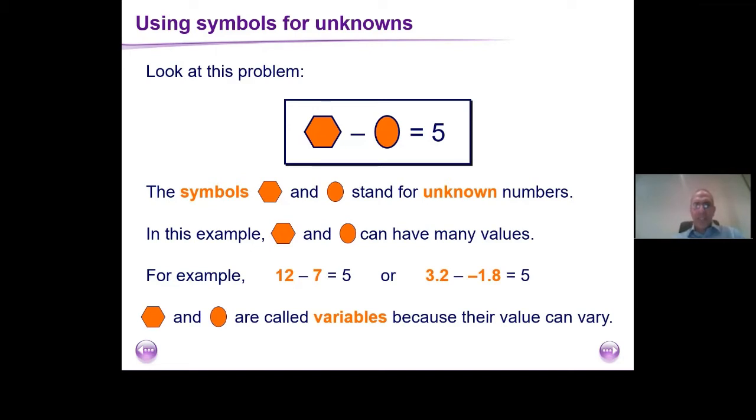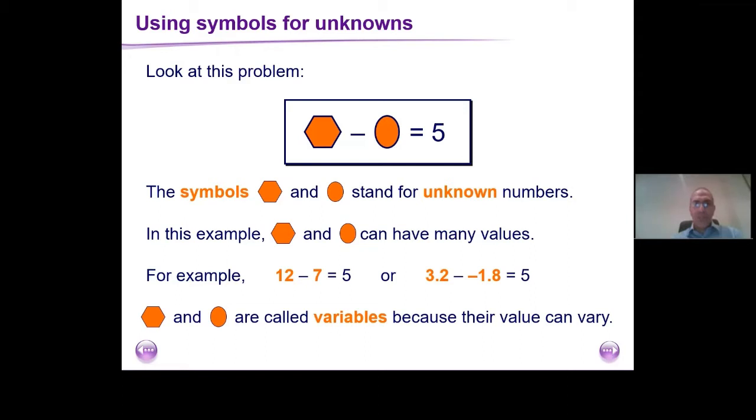So in this case, 12 minus 7 can equal 5. 3 minus minus 2 equals 5, because the two minuses there will become positive. And you can use any different types, like 16 minus 11, 18 minus 13, 7 minus 2, 5 minus 0. They could be any two terms you like, subtracted together as long as the final answer is equal to 5.